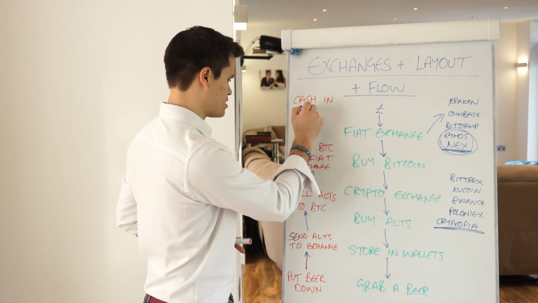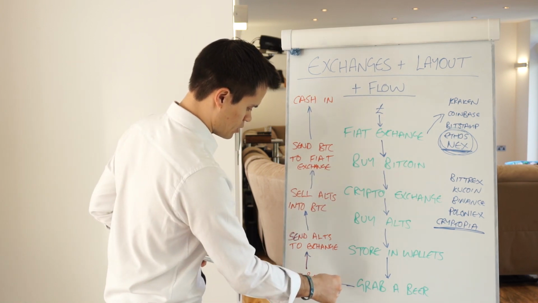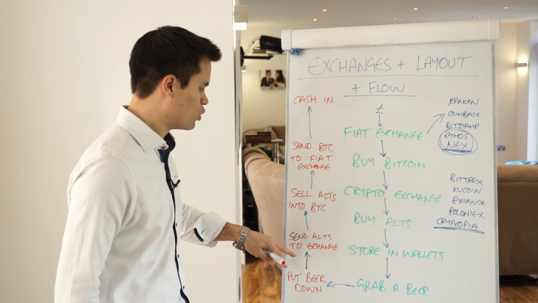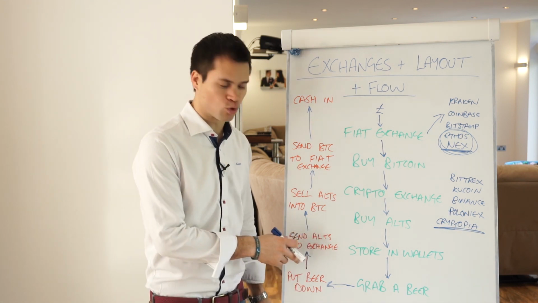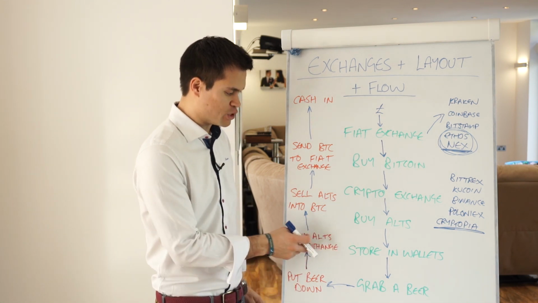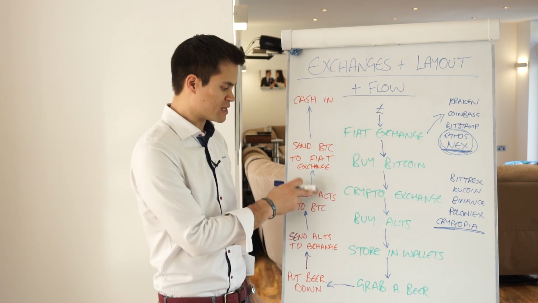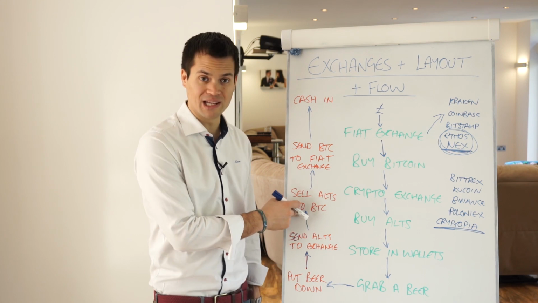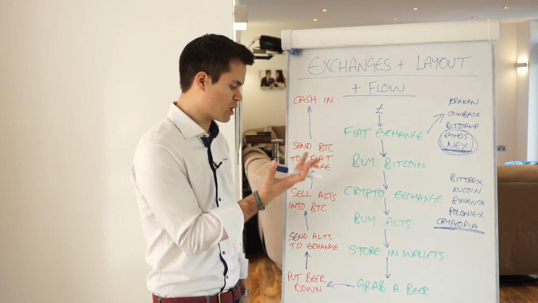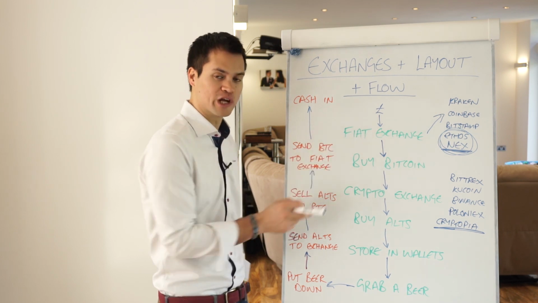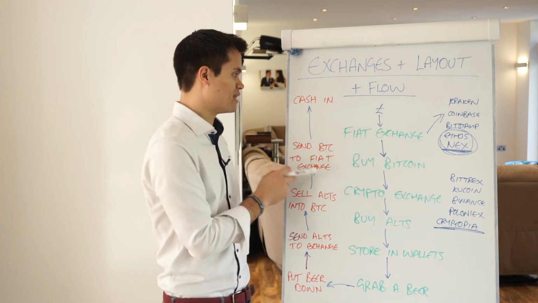Not the neatest, but hopefully you can see what happens there. Basically, you take your alts out of storage from your wallet, and then you send them back to the crypto exchange. You then sell your alts back into Bitcoin, so you're left with a whole chunk of Bitcoin. You send that Bitcoin back to the fiat exchange, and then you cash in.